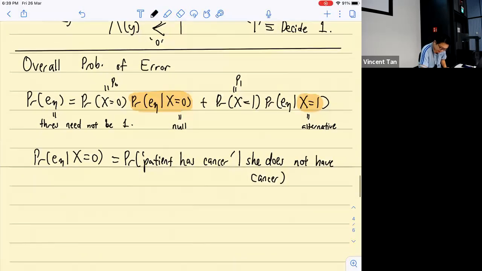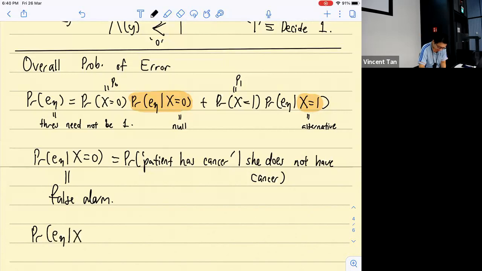This event has a name actually. It's called false alarm, because the person does not have cancer, but you say the person has cancer. Usually false alarm is not so serious. False alarm we can control by 5%. The next one is super serious.